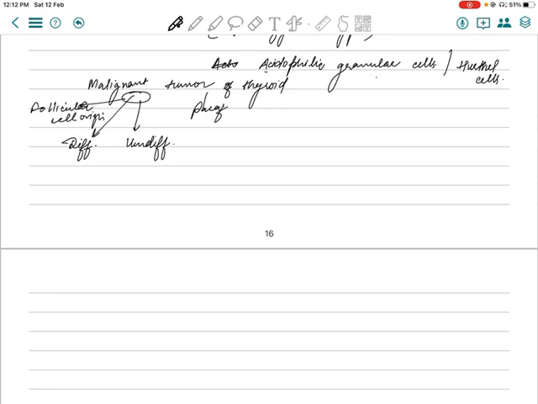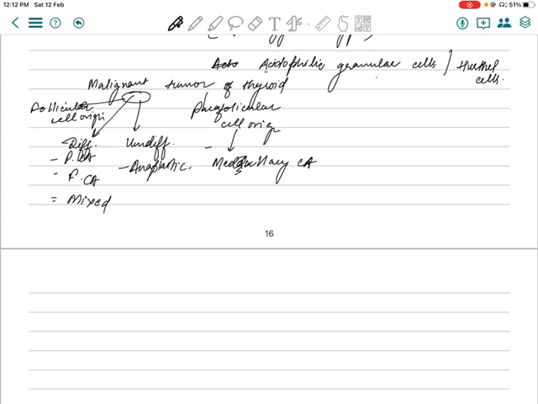Under parafollicular cell origin, we have medullary carcinoma. In differentiated, we have papillary carcinoma, follicular carcinoma, and mixed. In undifferentiated, we have anaplastic.